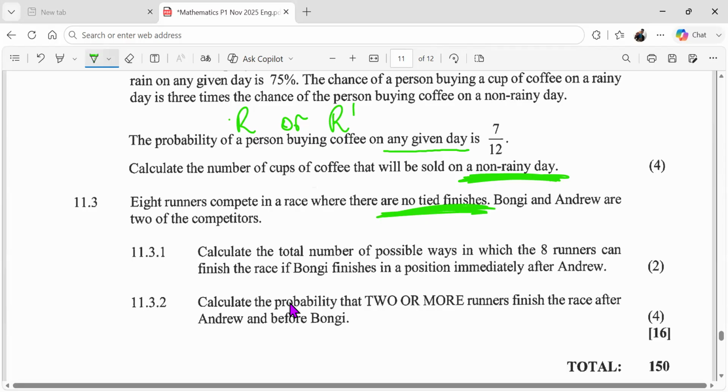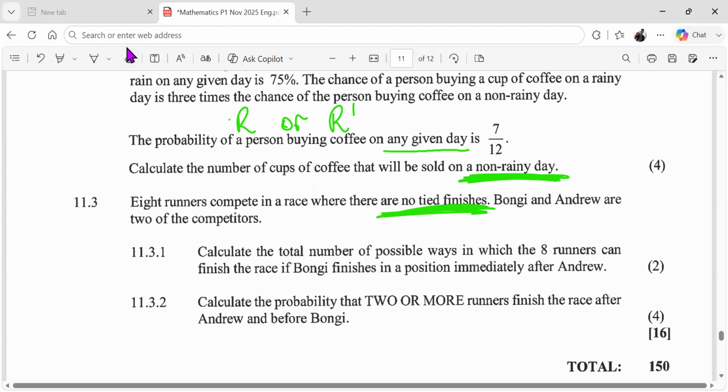I'm only understanding it now. Imagine, it means that no people can have the same position. Like they don't win at the same time. We don't want to have 2 position 1s or 2 position 2s and so forth. Right. Bongi and Andrew are 2 of the competitors.